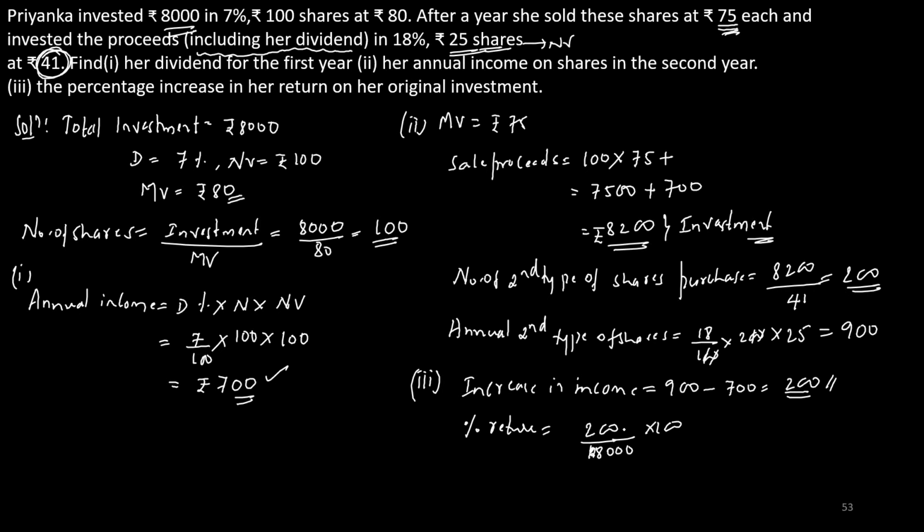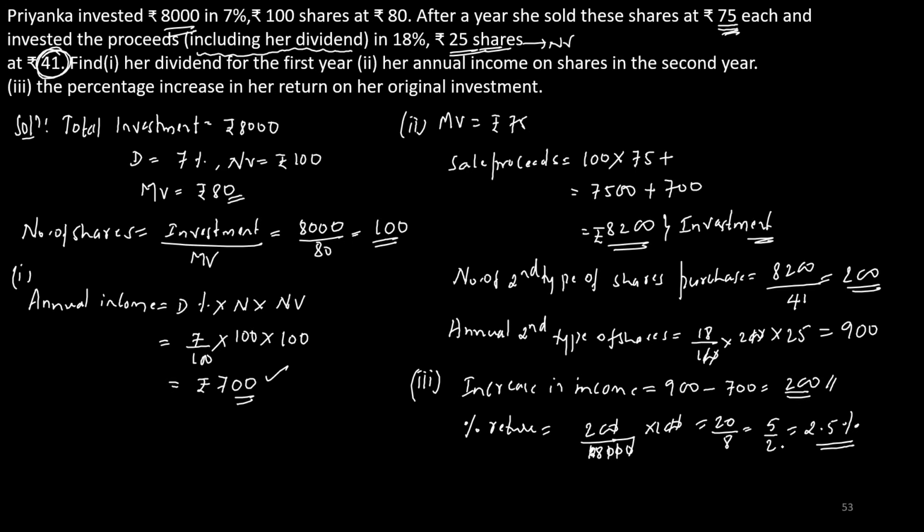So these zeros get cancelled. So I'm getting 20 divided by 8, that is 5 by 2, that is nothing but 2.5%. Okay, 2.5% is the increase in the return percent. I hope this is clear to you.